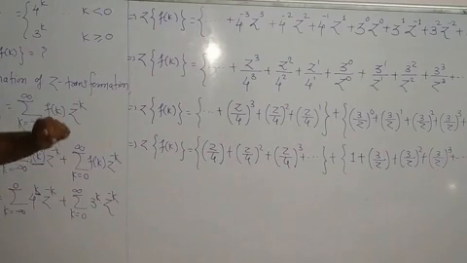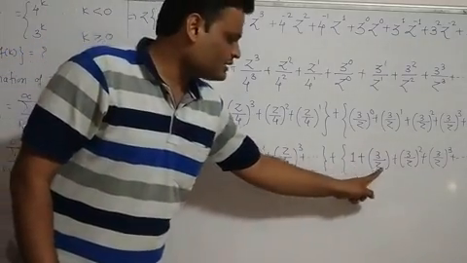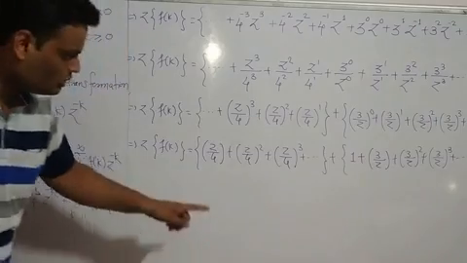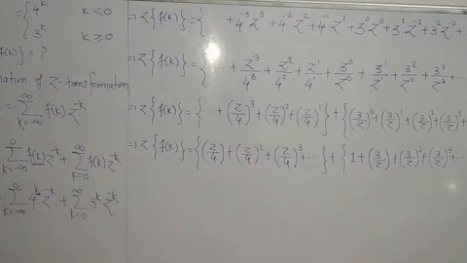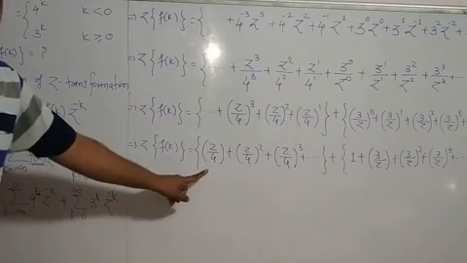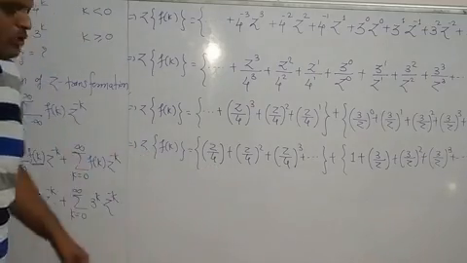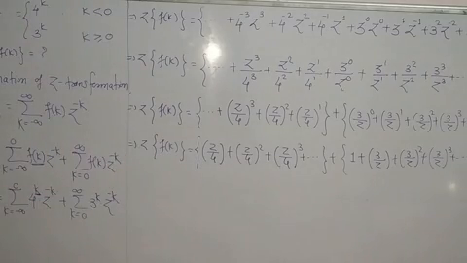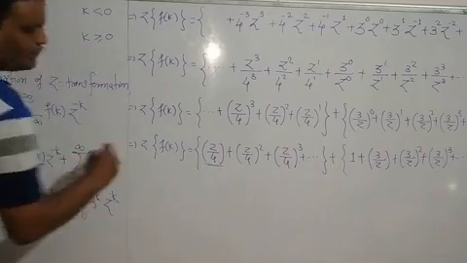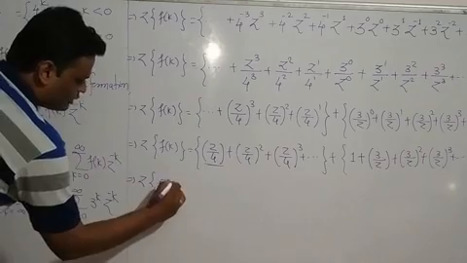Now we have a sequence as 1 plus x plus x square plus x cube and so on. Here you get 1 plus x square plus x cube and so on, but here you don't get 1. Okay, we need the first term to be 1. It is necessary. So here you have to make 1. So what we will do, we will take z by 4 common, so that the first term will be 1. So what is Z of f of k?